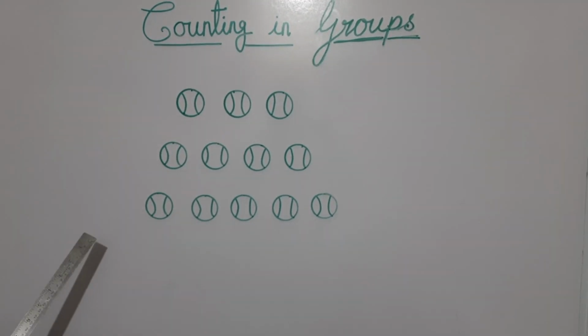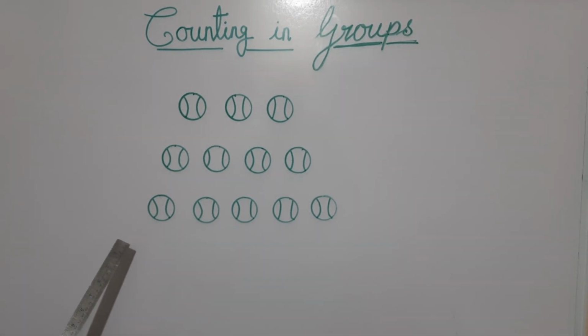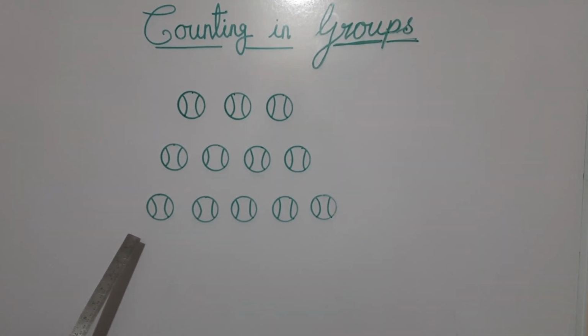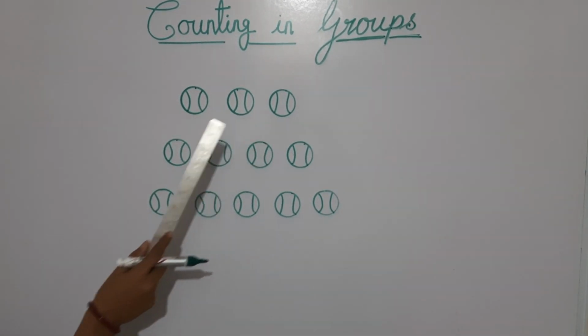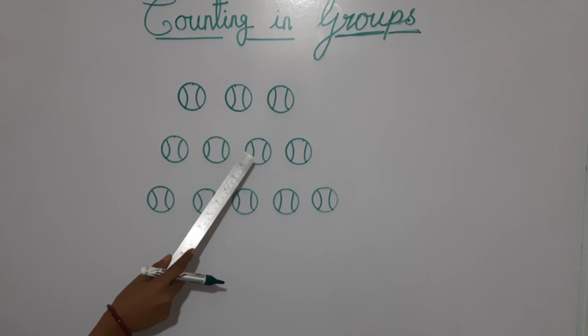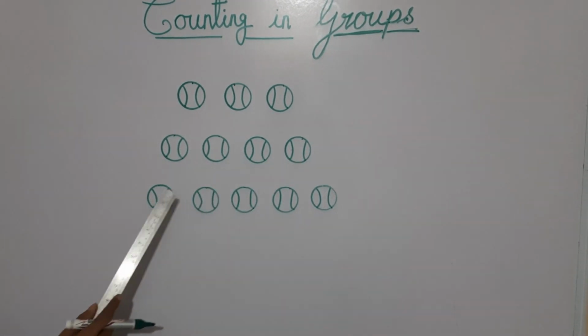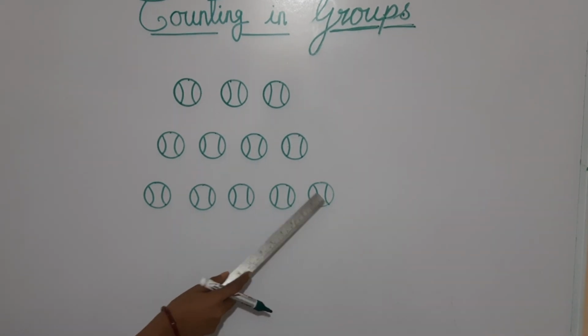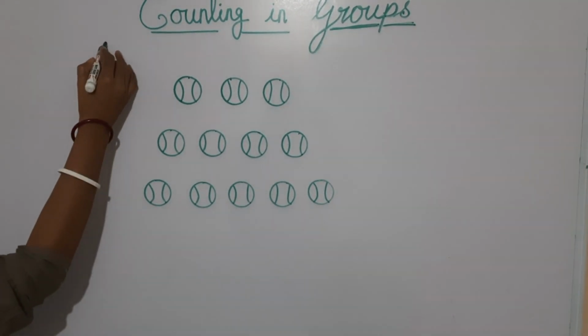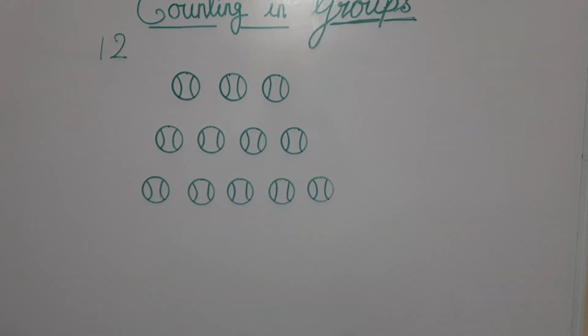Let's count the number of balls on the board. How many are there? Count with me. 1, 2, 3, 4, 5, 6, 7, 8, 9, 10, 11, 12. There are a total of 12 balls.